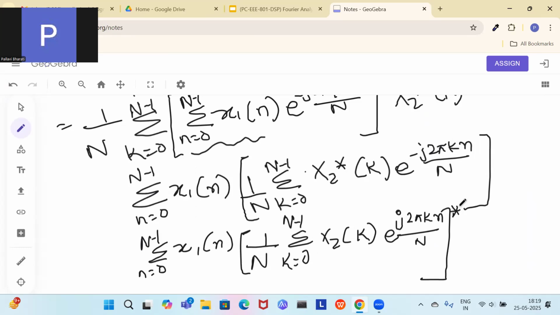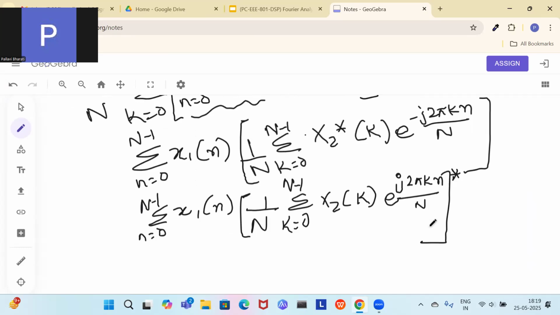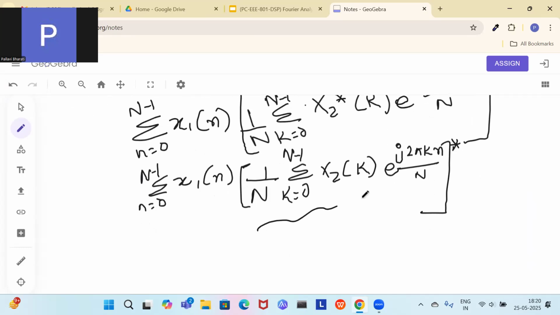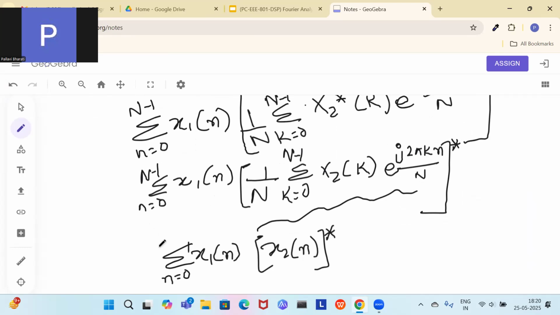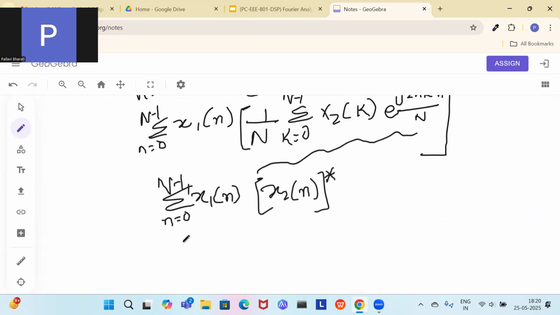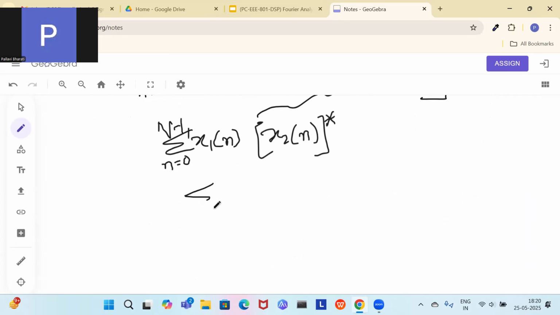Fine. Now this part is what? This is the IDFT of x2k, which gives x2n. With the star, this is x1n going from n equals 0 to capital N minus 1, x1n into x2 star n.